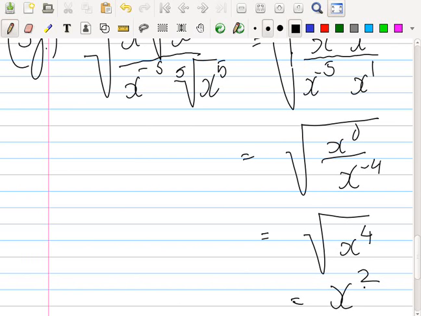So why did it become positive 4 instead of negative 4? Here? Yeah. Well, it's 0 minus 4. So it's positive 4 then. Is that okay? Yeah. Yep.